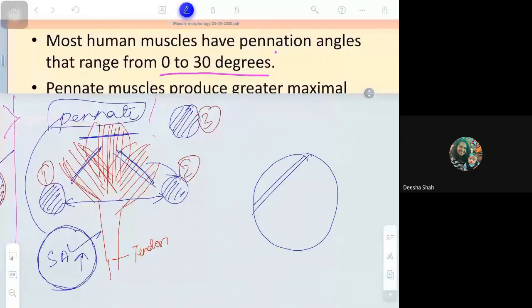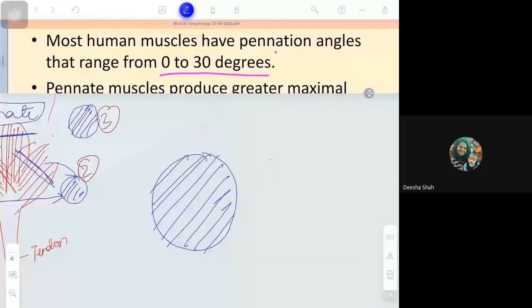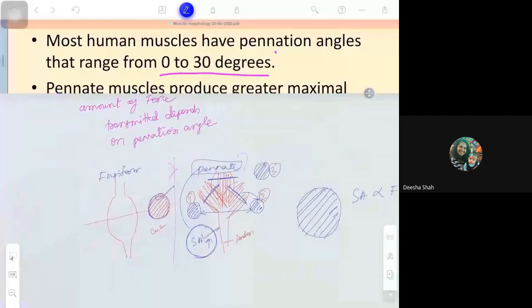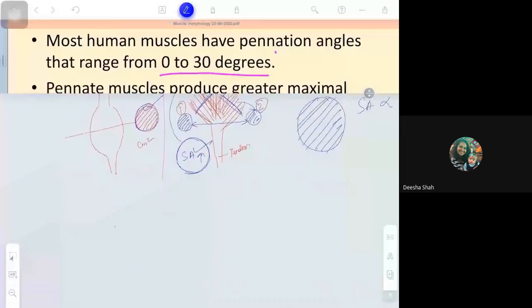Ultimately, the area is greater. As you know, cross sectional area is directly proportional to force production. So that is why pennate muscle creates greater force than fusiform muscle.